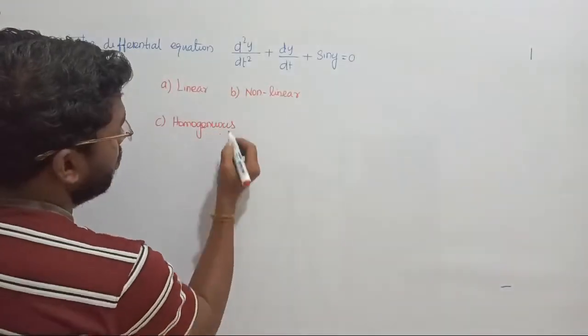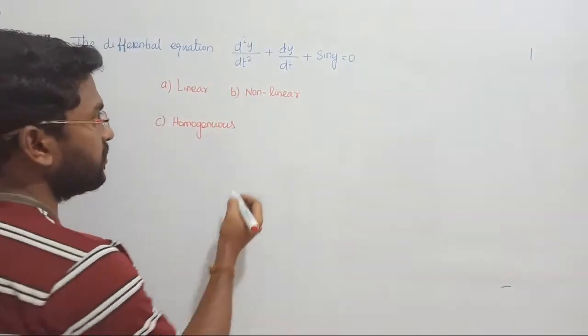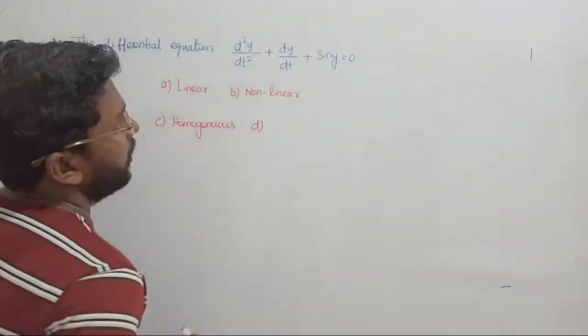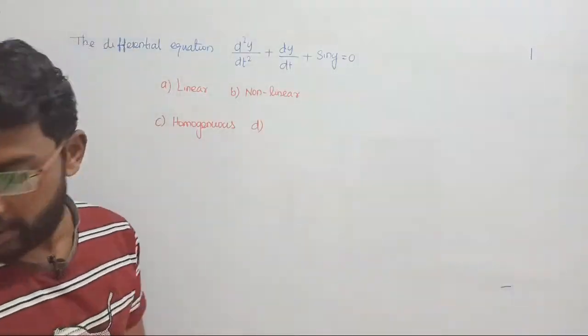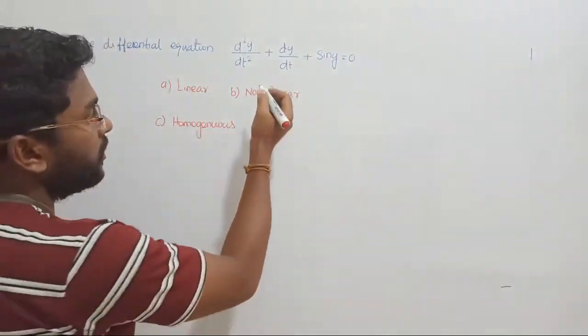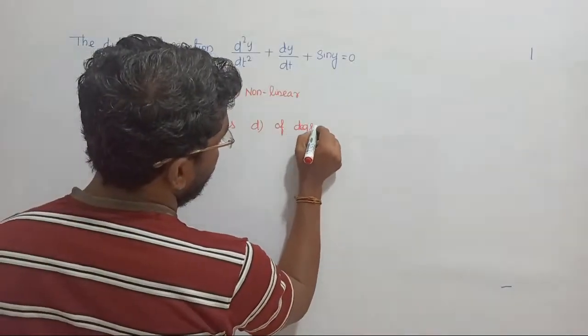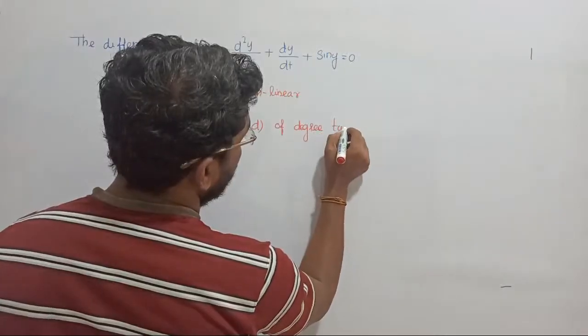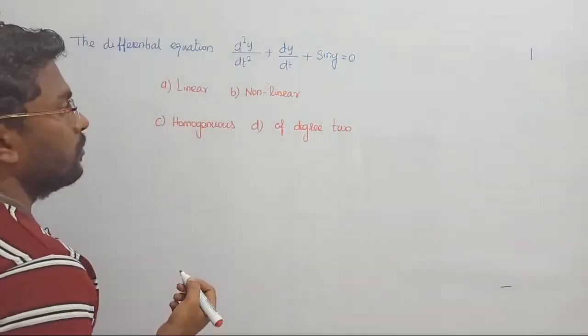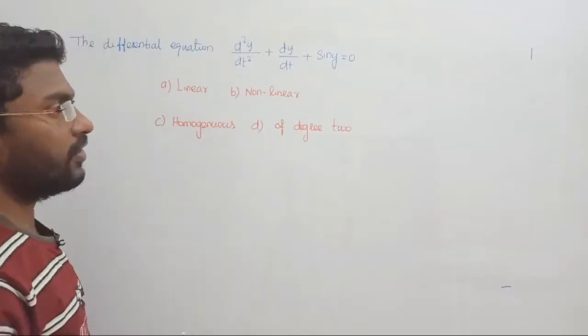Option D says the given function is of degree 2. That is all, the given 4 options.